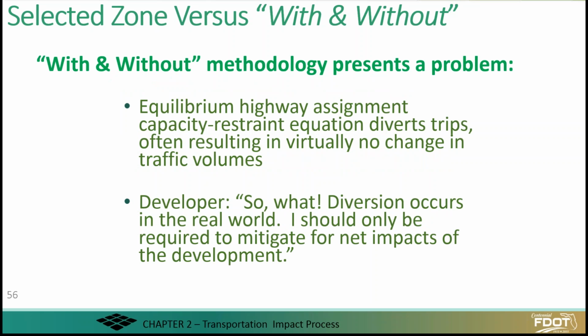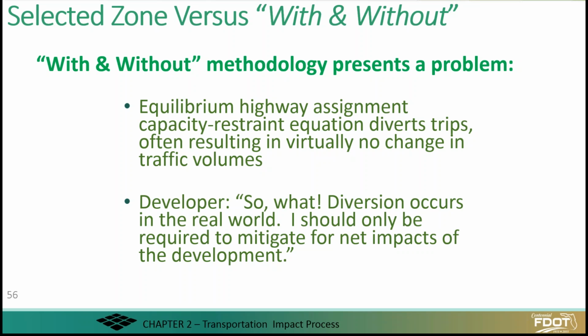This particular method has a problem in that because of how the capacity restraints of the model operate and with equilibrium, there can be a situation where you will have virtually no registered impact in the network because of trip diversion.